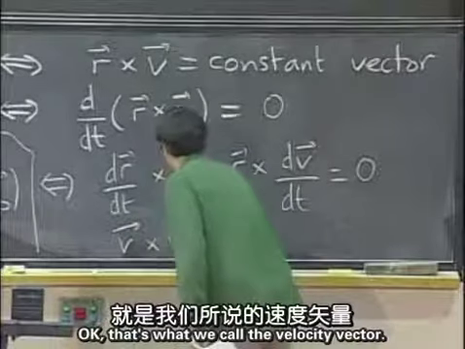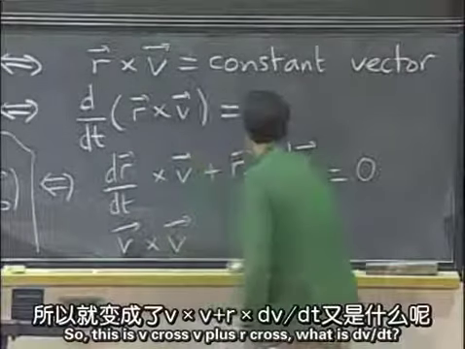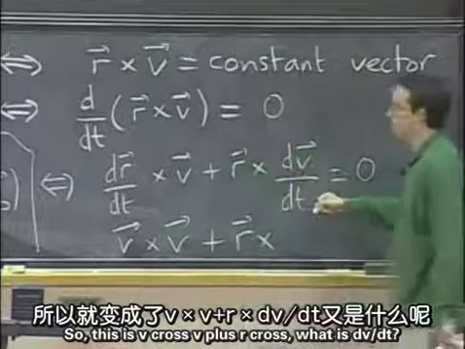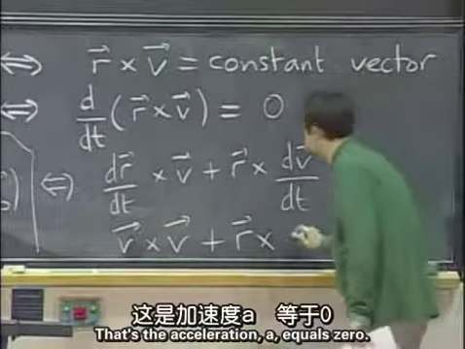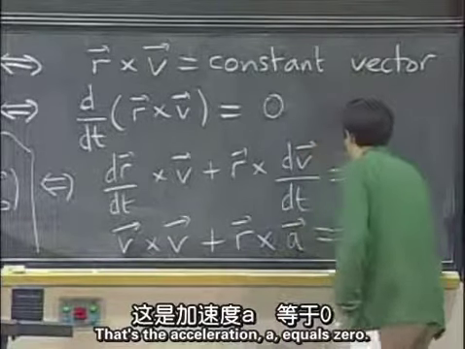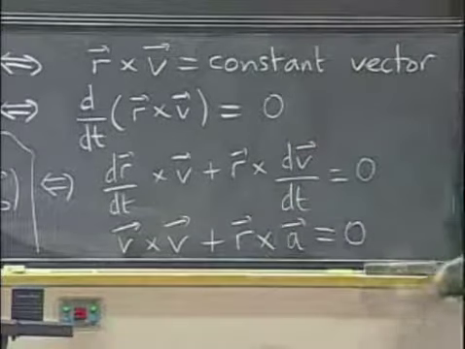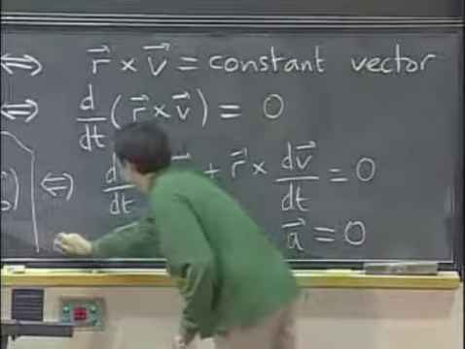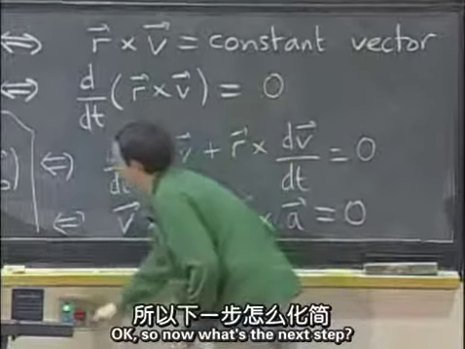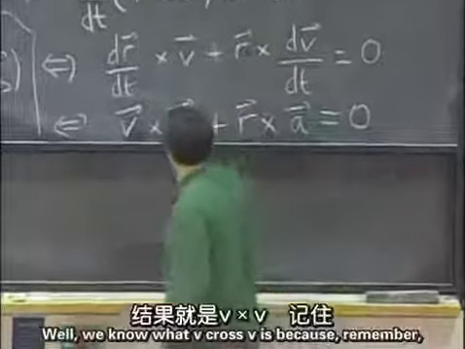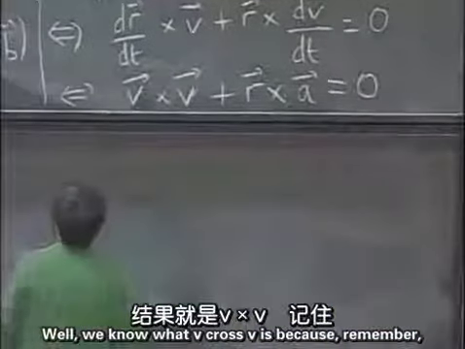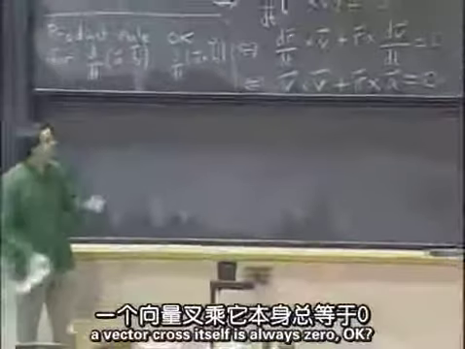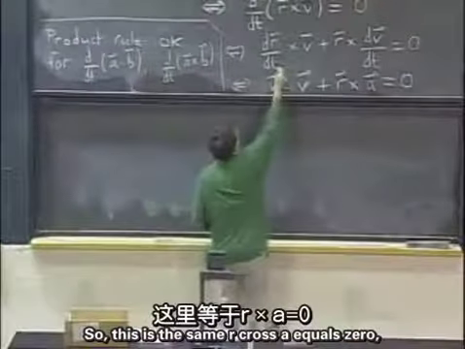That's what we call the velocity vector. So this is v cross v plus r cross, what is dv/dt? That's the acceleration, a, equals 0. Okay, so now what's the next step? Well, we know what v cross v is, because remember, a vector cross itself is always 0.